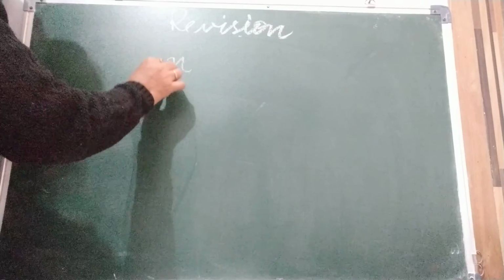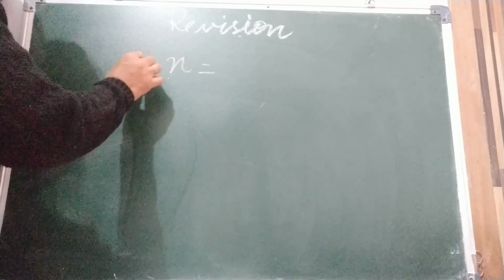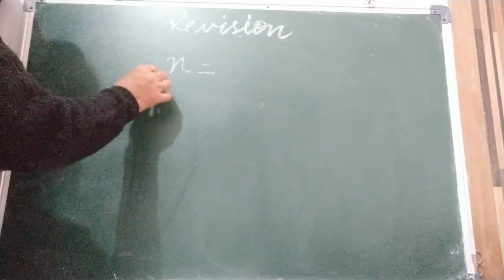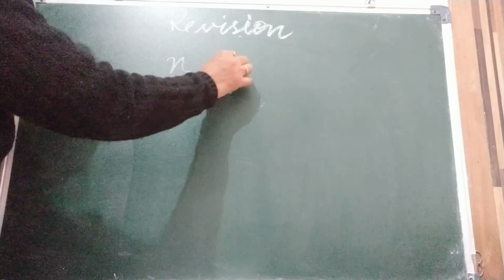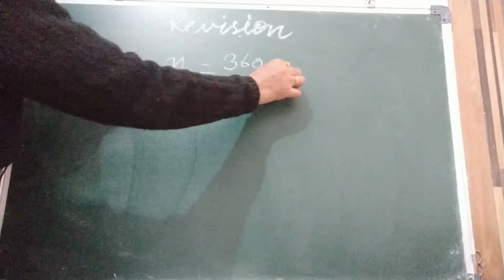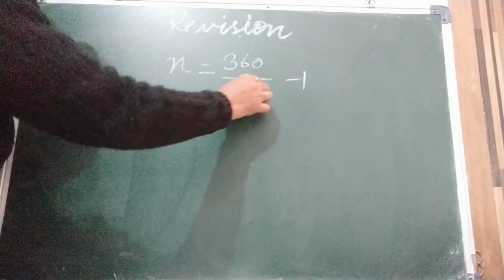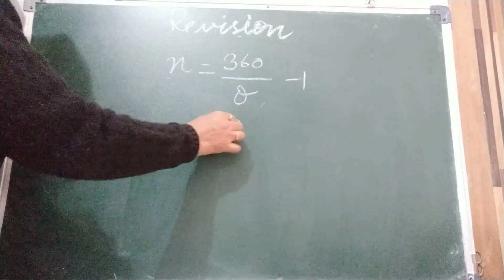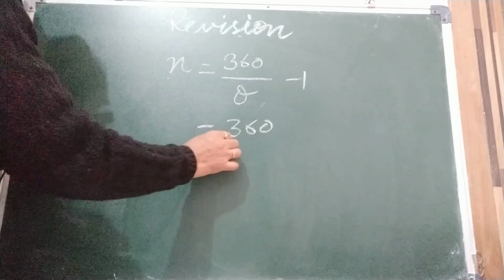The formula for the number of images formed when two mirrors are placed at a particular angle is 360 divided by theta, minus 1. Suppose two mirrors are at an angle of 90 degrees.